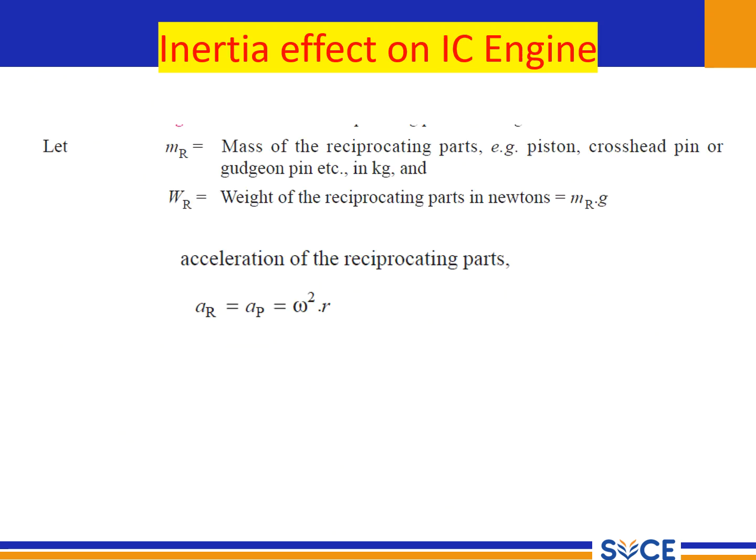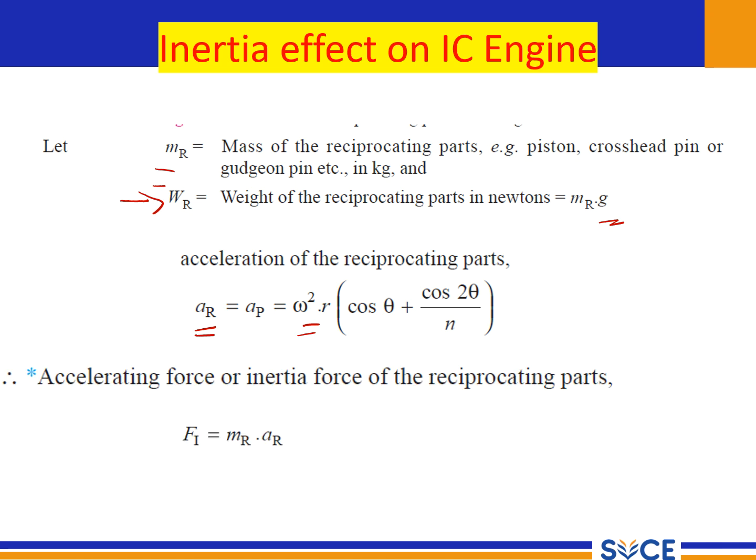Let's start deriving the forces one by one. Let m g be the mass of the reciprocating parts multiplied by gravity, giving the weight of the reciprocating parts. AR is the acceleration of the reciprocating parts, which I get by multiplying omega squared and the crank radius. So the inertia force is mass into acceleration.